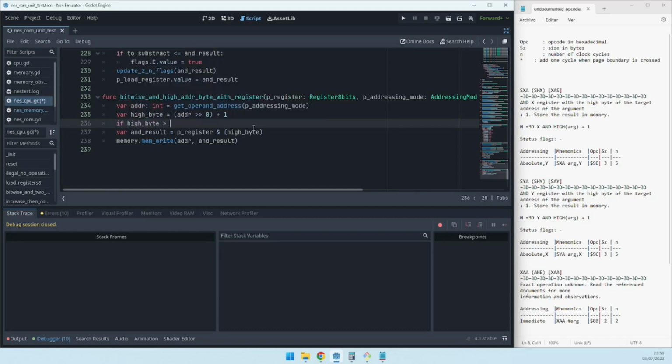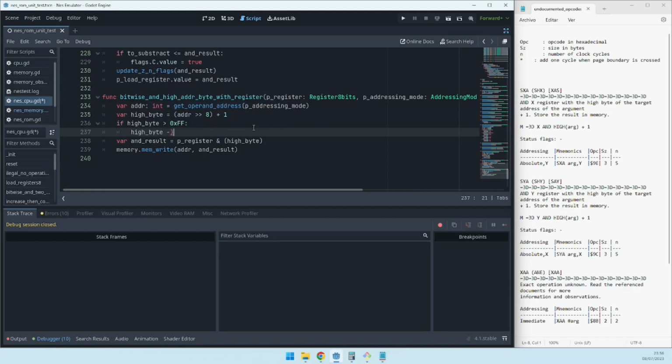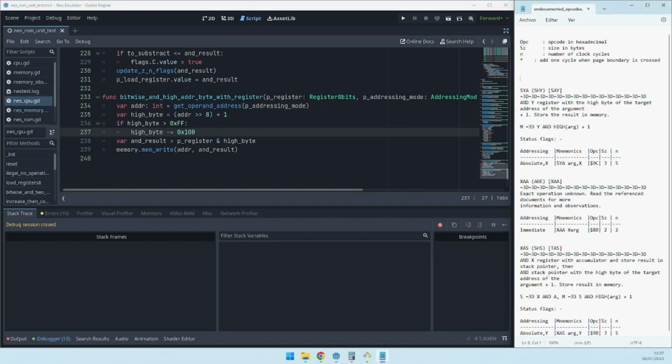High byte is bigger than... I think this would be the right thing to do. Okay, one more less.